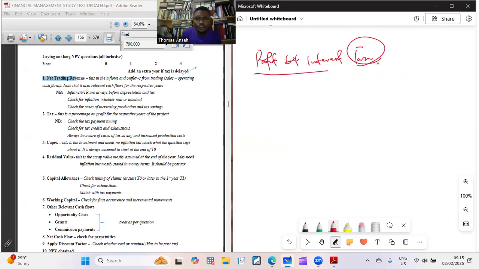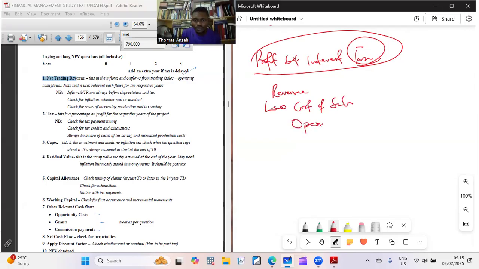How do you find this one? You've done P&L before. At this level, everybody knows revenue less cost of sales and operating expenses. That is what will give you this figure. Is that okay? All right. So when you are doing that, inflows must always be before depreciation and tax.